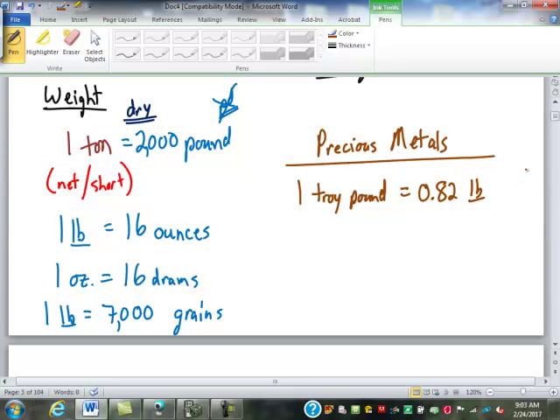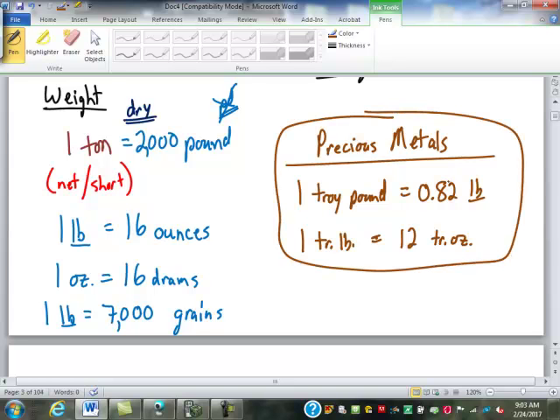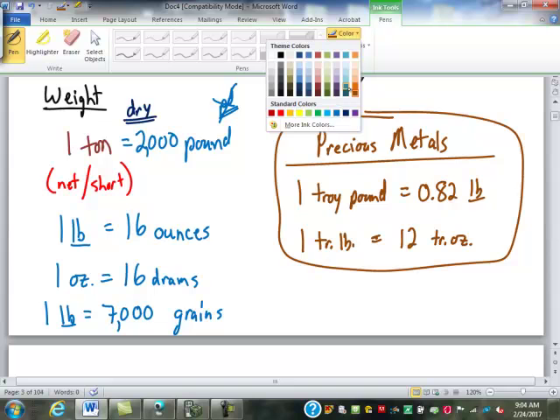Our standard US pound, I should say. 1 troy pound contains not 16, but 12 troy ounces. So a troy pound, you can see, is slightly smaller than our American standard pound. The troy ounce is slightly larger than our US ounce. Again, I won't test you on that, but you hear those phrases enough that it's good to throw them out there.